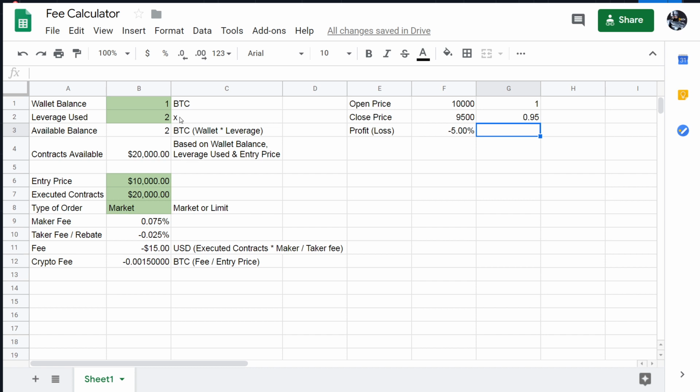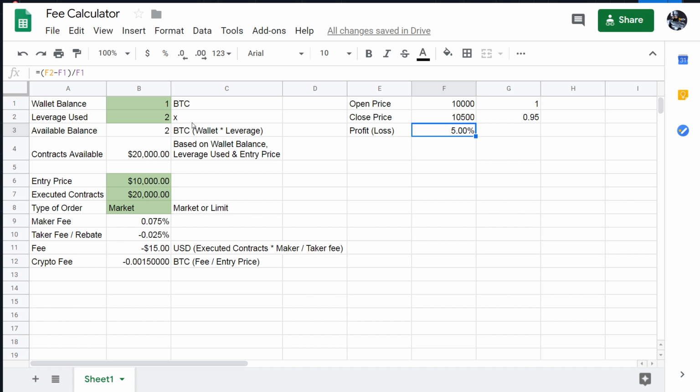Now, if you're using 2x leverage, this example over here was using just spot buying, or really, a 1x leverage trade. If you go to 2x leverage, this is multiplied by 2. So if we go from $10,000 to $10,500, that is a 1x trade of 5%.